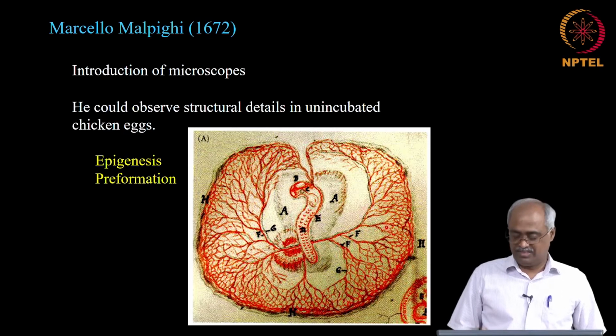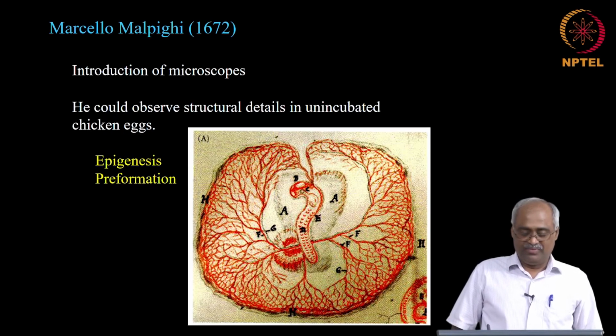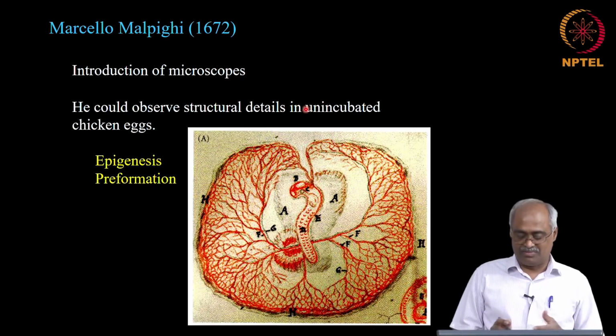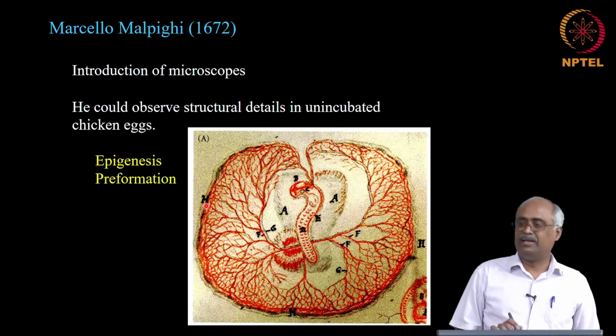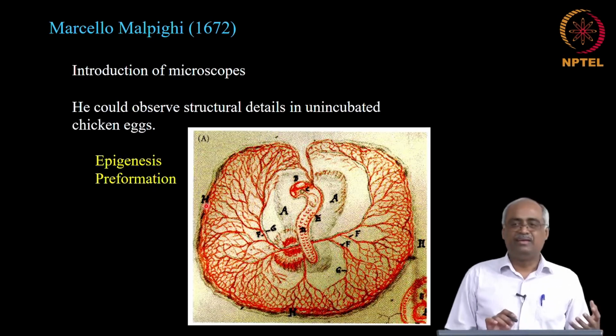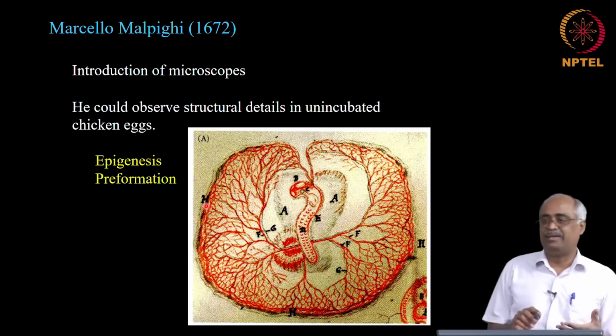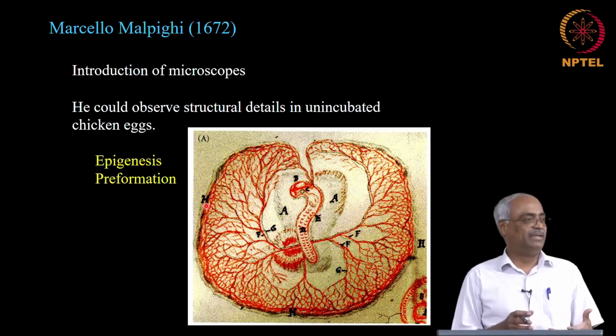Okay. So, when they could see a lot of details, here structural details means biological structures, we do not mean molecular structures here, so remember that. He could see a lot of structural details in unincubated chicken eggs, meaning embryogenesis is actually not yet taking place, but he could see the details.